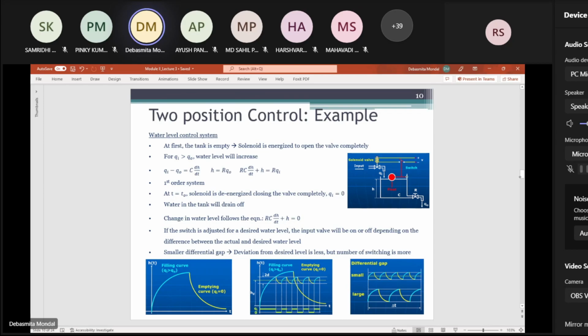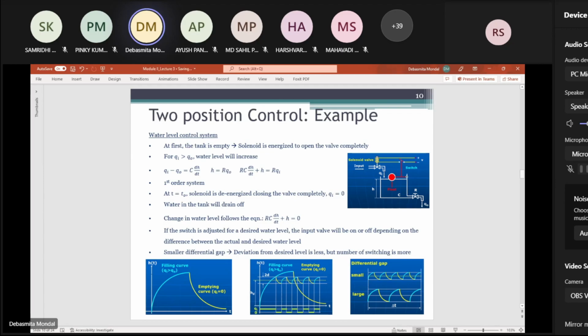Filling curve means the input water was flowing into the tank, so the condition was Qi greater than Qo. If you solve this equation, you will find H(t) is an exponential function. It keeps on increasing exponentially up to this point.